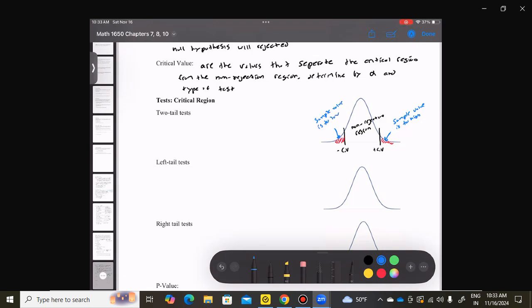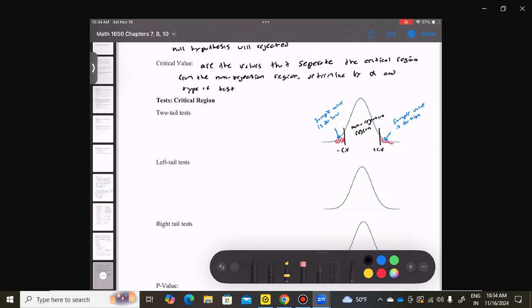So we are looking at a hypothesis where, for the coin, P equals 50%. If we test it and we get 30 heads, well, that proportion is just too low for the actual probability to be 50%. If we get 70 heads, then that proportion is just too high for the probability to still be 50%. Okay, and so we would reject the null in those regions and say that we are supporting the claim or supporting the alternate hypothesis.